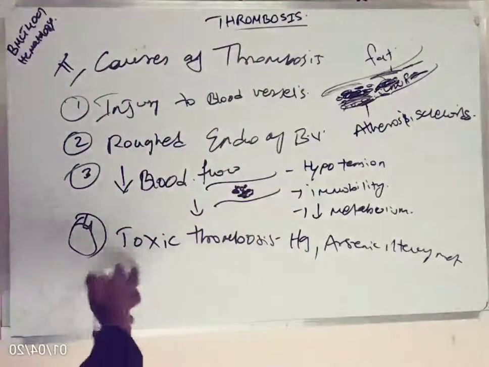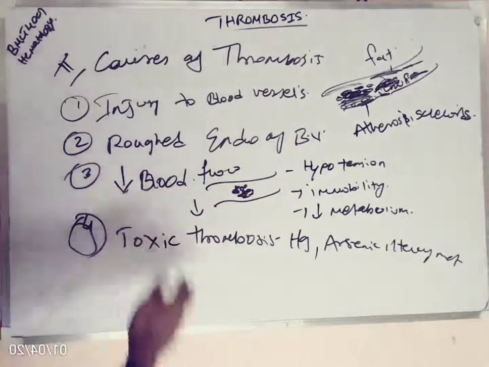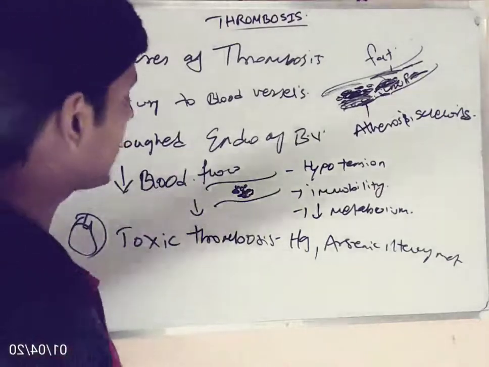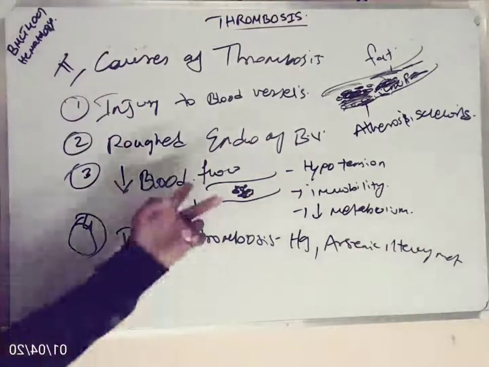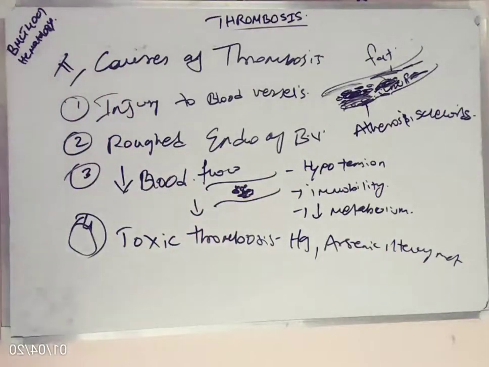So toxins can trigger thrombus formation. Decreased blood flow can trigger thrombosis. Then roughened endothelium of blood vessels can trigger thrombosis, and injured blood vessels can also trigger thrombosis.